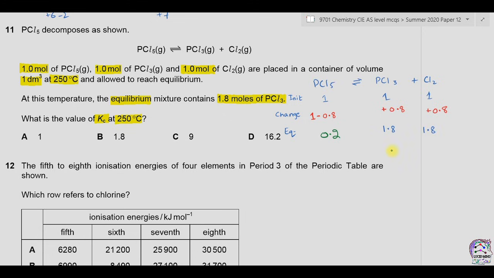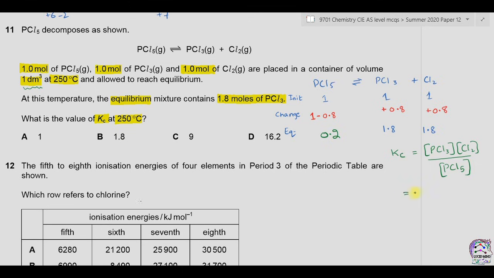According to the equilibrium constant expression, Kc will be equal to the concentration of products PCl3 and Cl2 divided by the concentration of the reactant PCl5. As the volume given here is 1 decimeter cube, the number of moles is also the concentration.